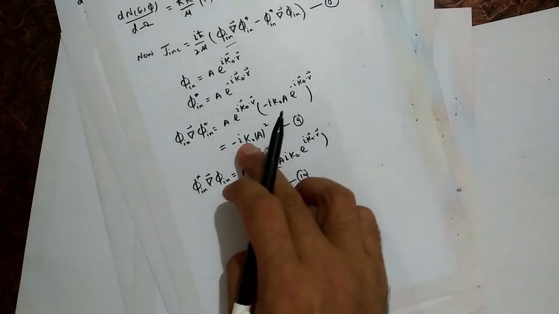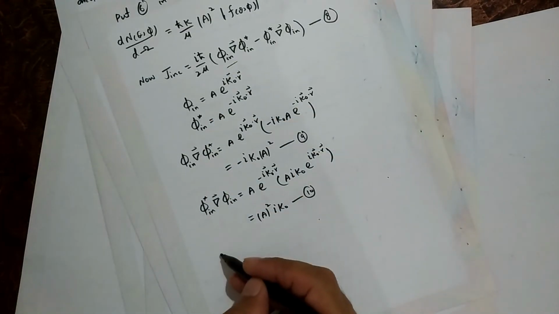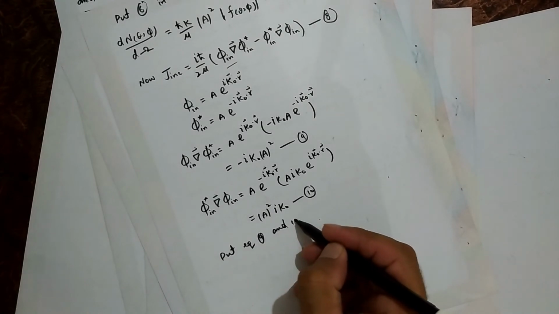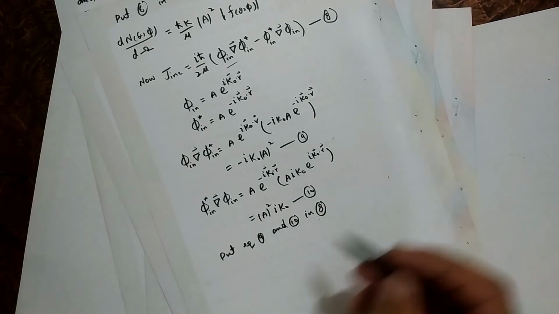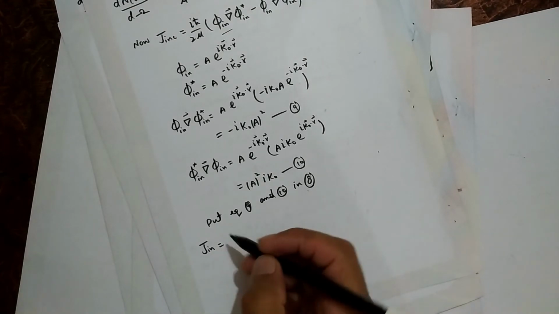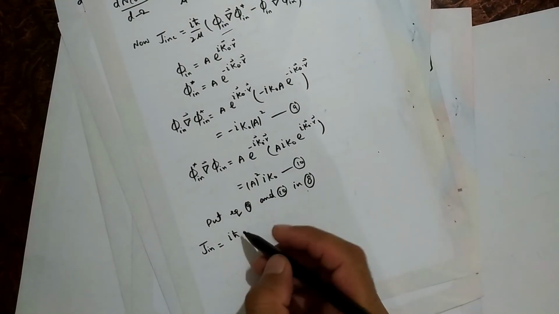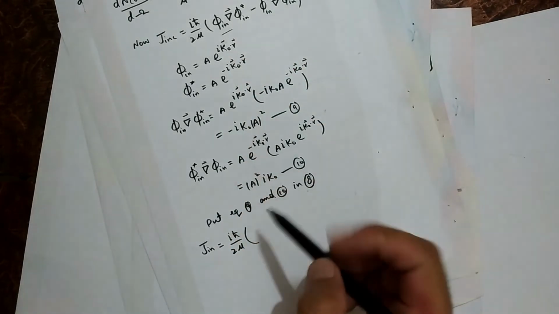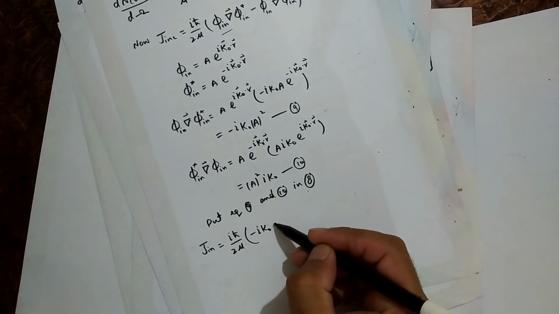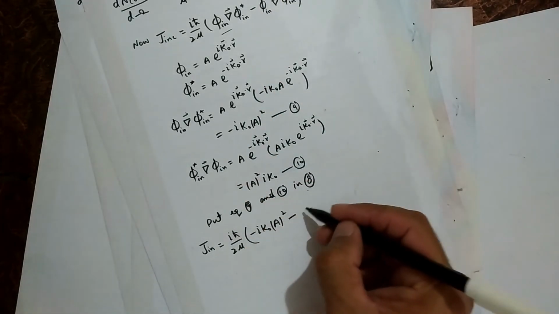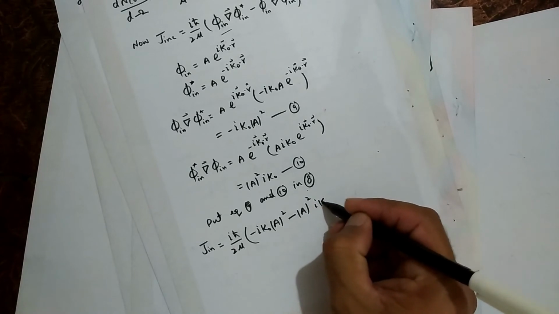Now substituting these two values, putting equation number 9 and 10 in 8, the incident flux density is i h cut over 2 mu into this term, which is minus i k naught times mod a square, minus this term, which is mod a square i k naught.